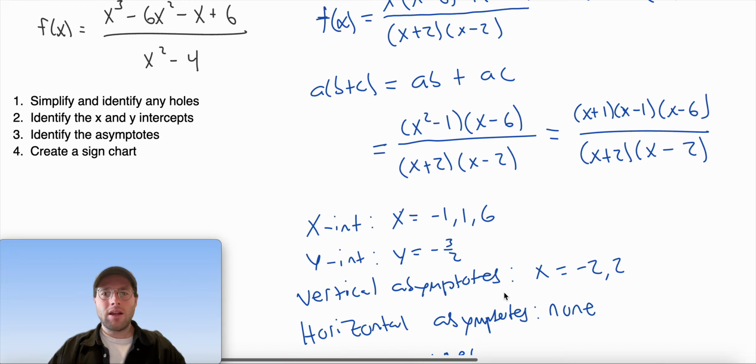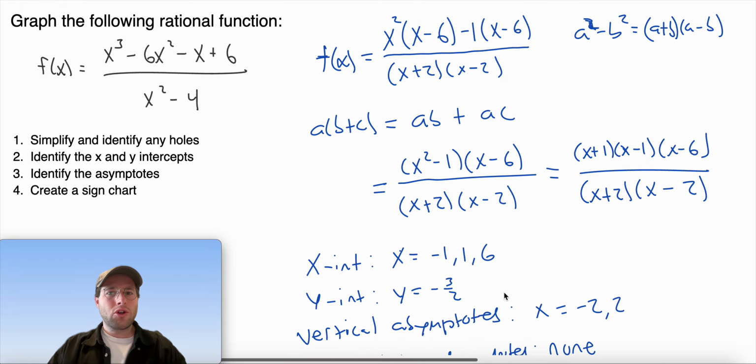And the slant asymptote will occur when the degree of our numerator is exactly one more than the degree of our denominator, which does occur in this case. And so we're going to have to go ahead and find that slant asymptote. In order to do that, we're going to want to perform long division here.